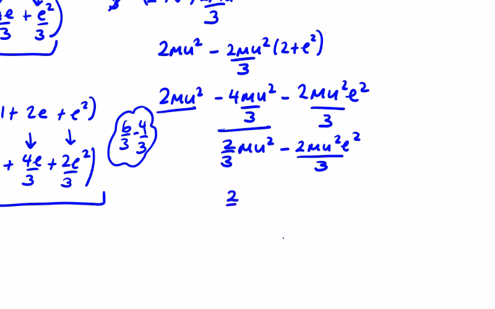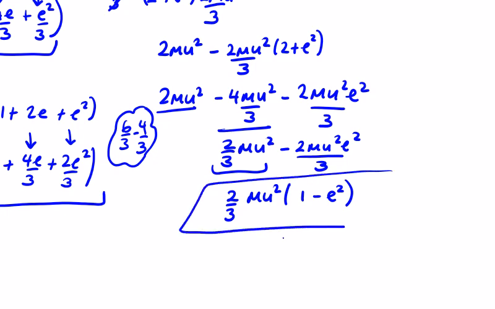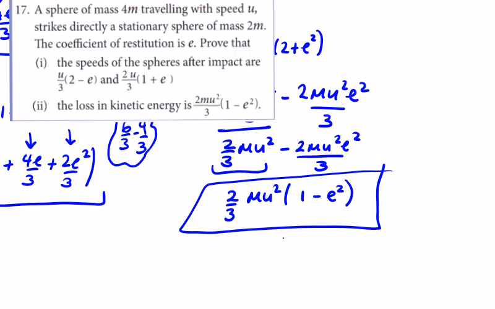So now I have a common factor of 2/3 mu squared. I don't need the bracket there. 2/3 mu squared, and I'd have to multiply that by 1 to get the first term, and minus e squared to get the second term. So 2/3 mu squared times 1 minus e squared, which you can see here is the loss in kinetic energy.